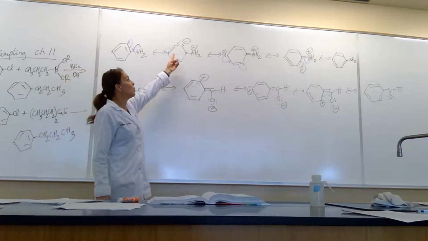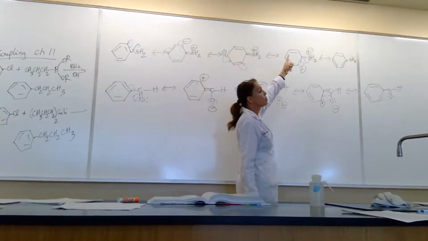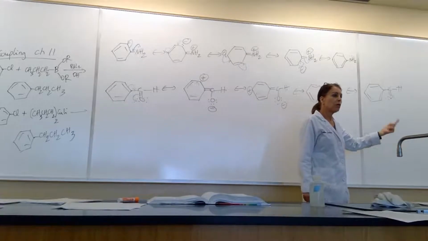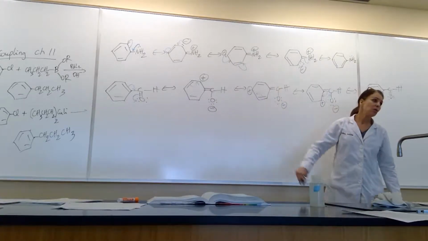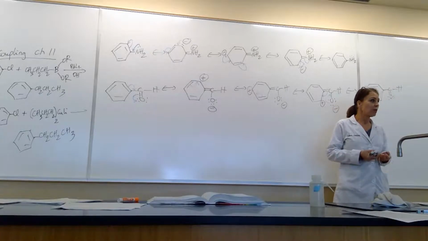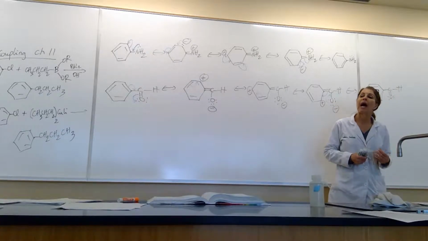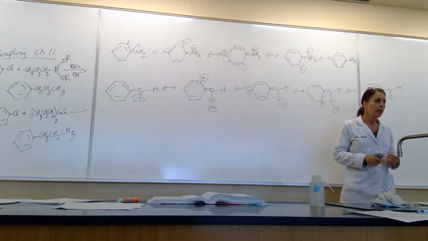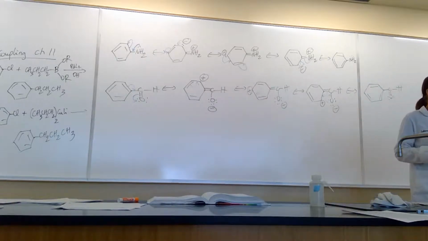Why? Because we have what? Negative charge. So this substituent, NH2, is adding electrons to the ring, so it's making it more reactive. The reason the ring doesn't want to react is because it has what it needs.